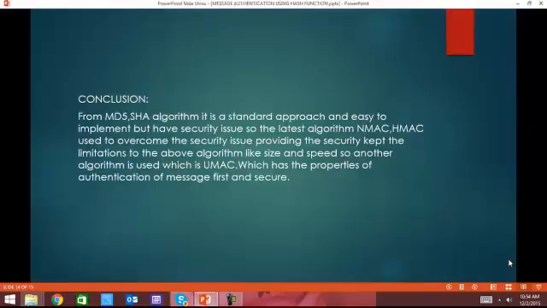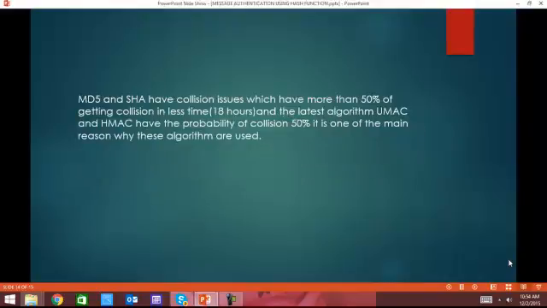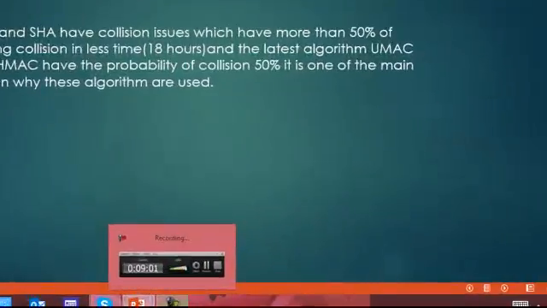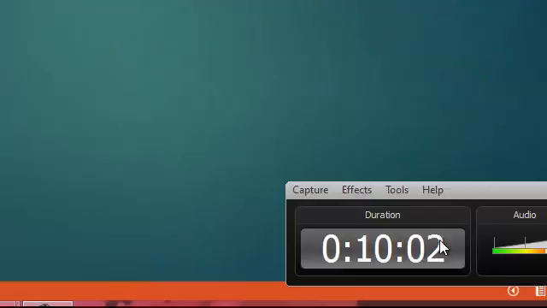So another algorithm is used, which is UMAC, which has the properties of authenticating messages fast and securely. MD5 and SHA have collision issues, with more than a 50% chance of collision in a short time, about 18 hours. The latest algorithms, UMAC and HMAC, have a lower probability of collision. This is one of the main reasons why these algorithms are used.